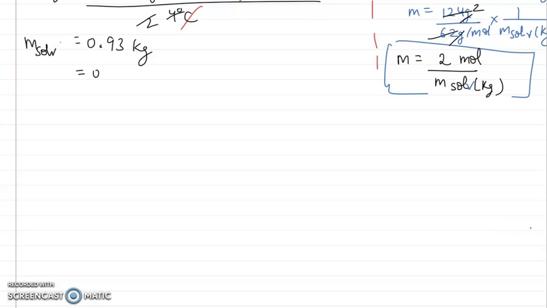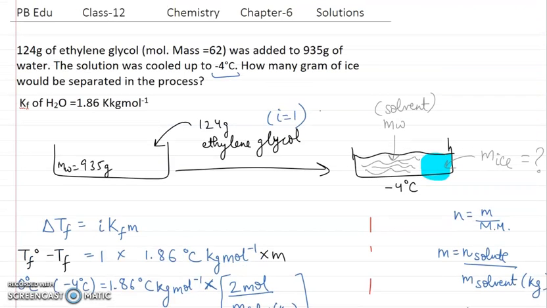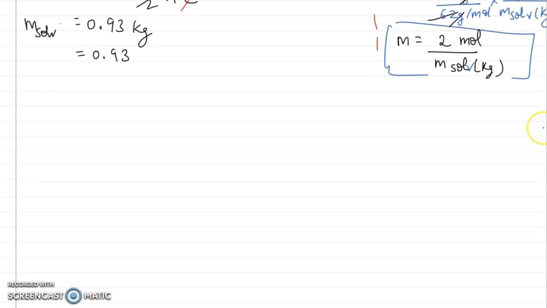Now it can be converted into gram. Here we are given the mass of water initially is 935 gram, so we would convert it into gram. 0.93 multiplied by, we have to use dimensional analysis.